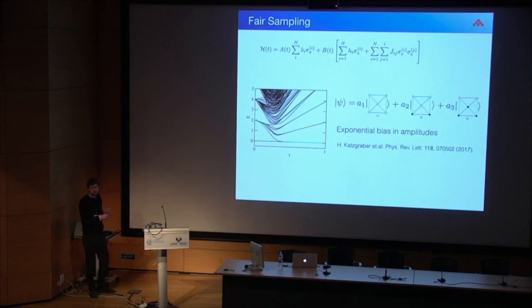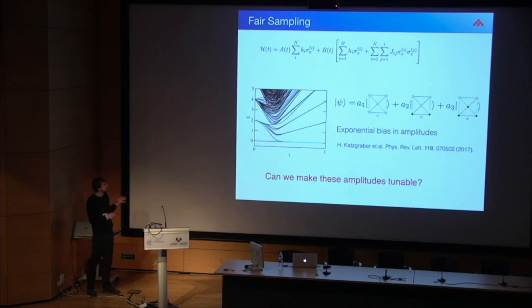So this means if you do this adiabatic protocol, you're not getting the superposition, you're actually getting only 2 out of them, and 1 is exponentially suppressed. So the question is now, if we have programmed our Hamiltonian such that it's degenerate for the configurations that we want to store, can we now make this amplitude somehow tunable? So this is the missing piece. Can we make them equal, for example?